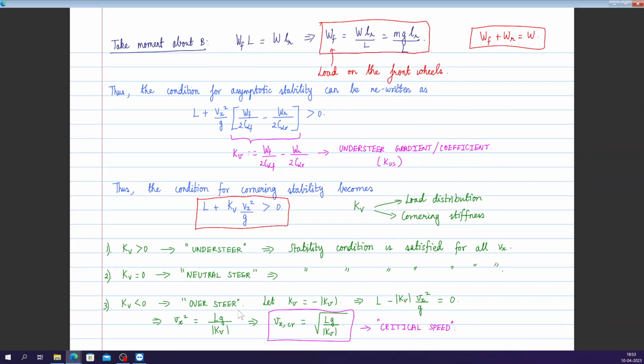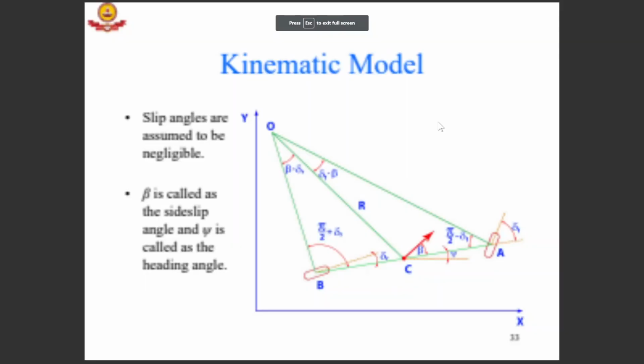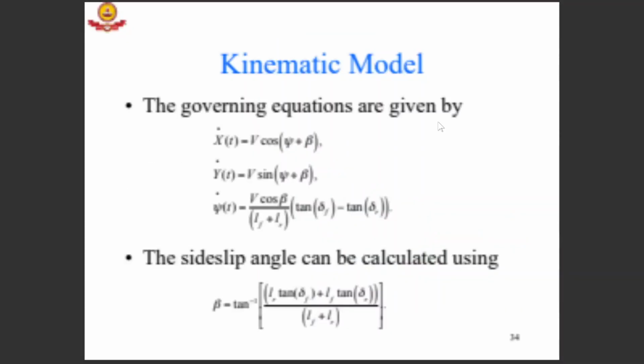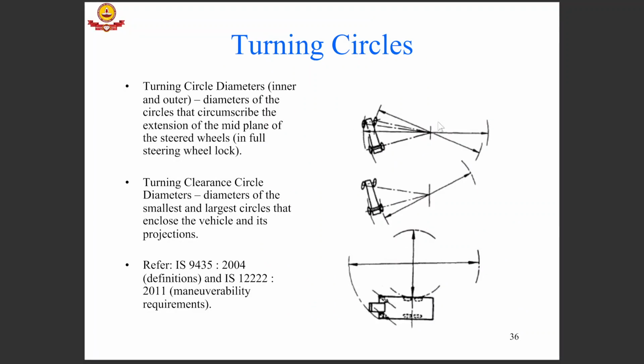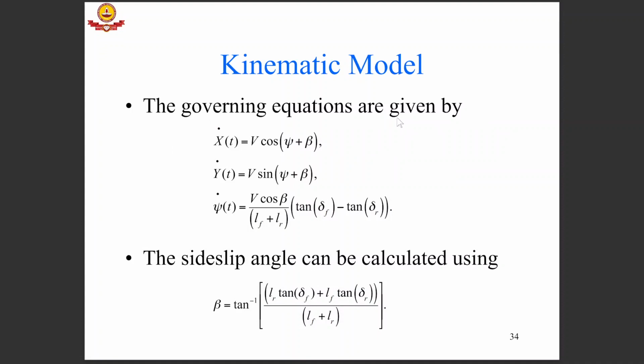All right, so let me quickly go back to this portion. So we discussed these equations in detail. These are the expressions for the kinematic model, and we can obtain side slip.